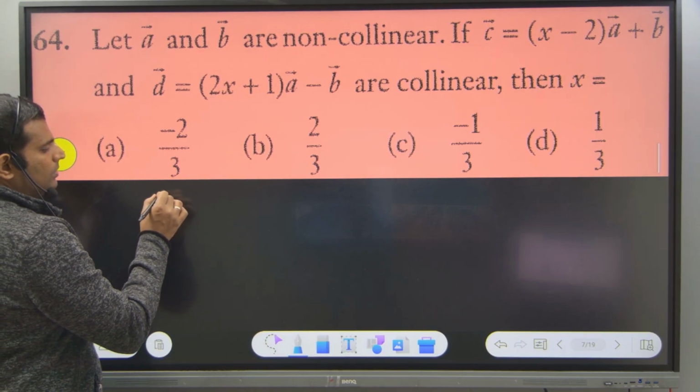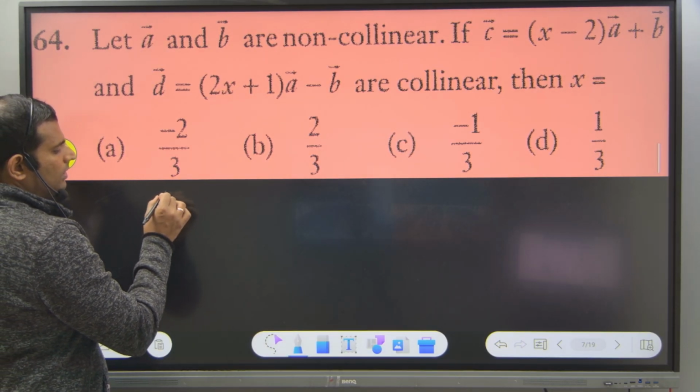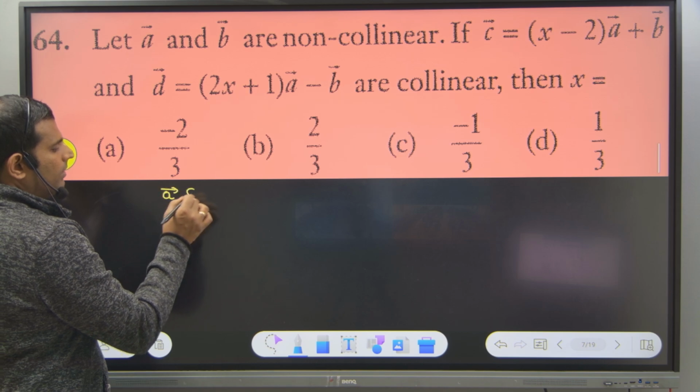When do you say two vectors are collinear?